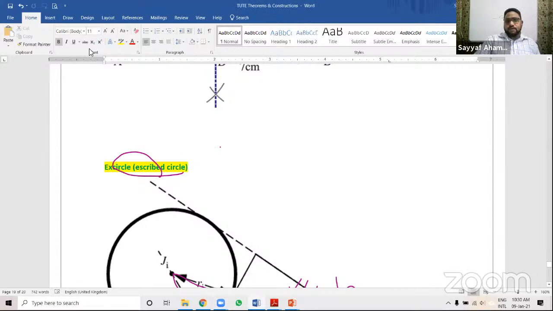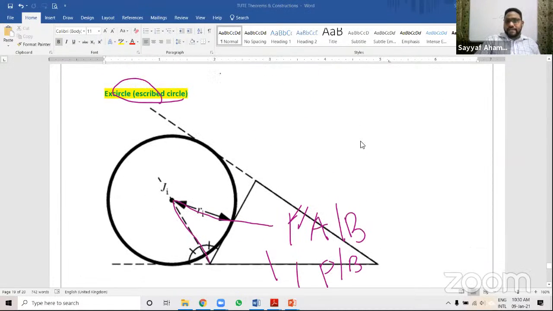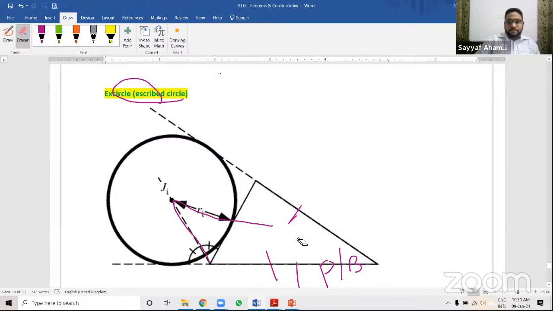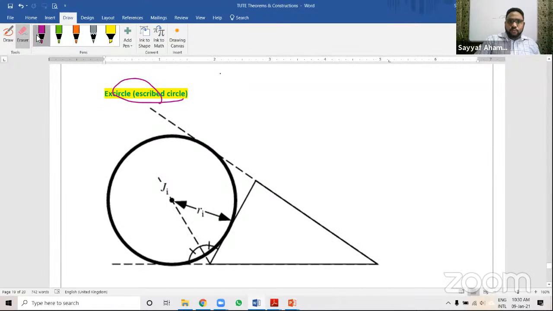So the excircle. Now, what is an excircle? The excircle has to touch. So let me erase the part that I have drawn already. The excircle is a circle that touches one point of a particular side, and also it has to touch this point and this point as well.